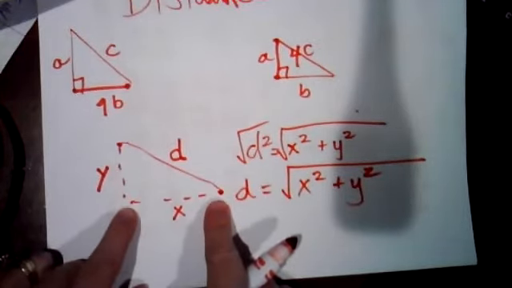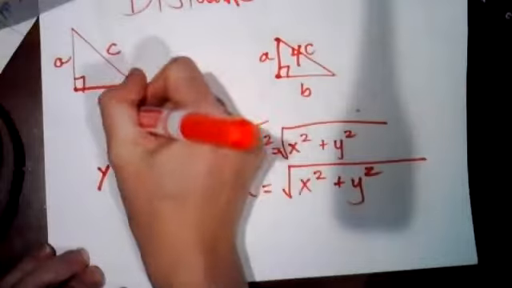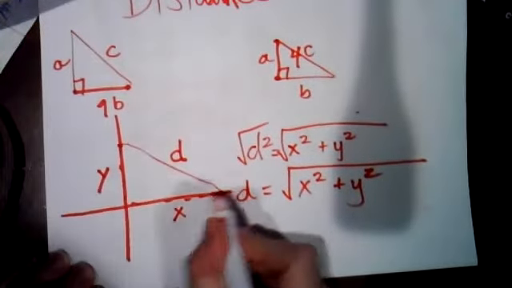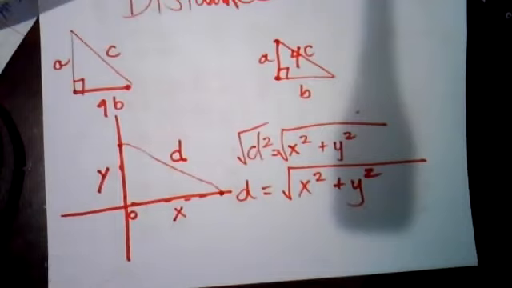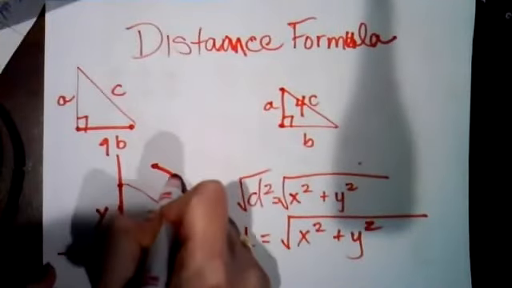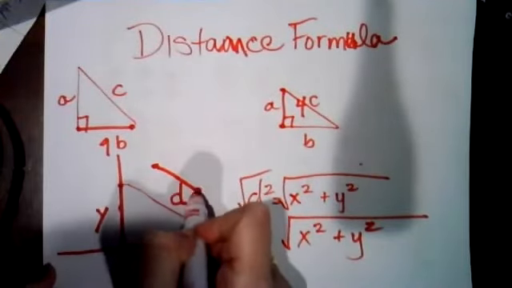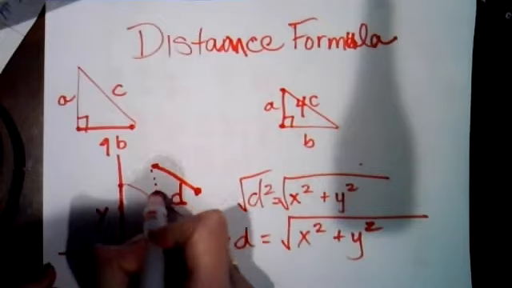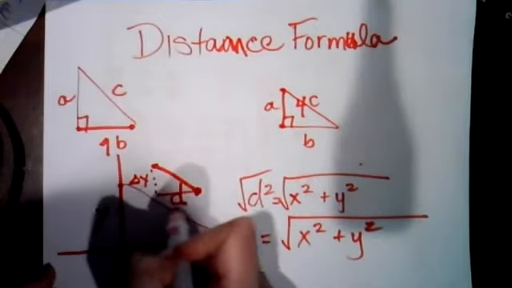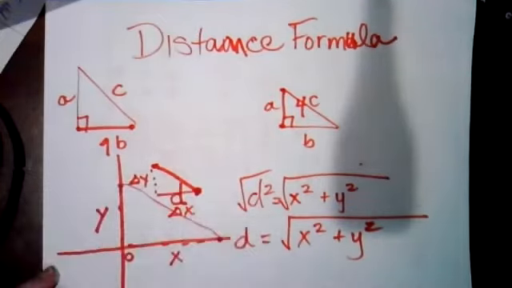Well, it would be easy if this was the x and y axis and this was 0. It'd be easy, right? But normally things aren't easy. And normally things are maybe like up here, right? So you would have to go the change in y over the change in x.